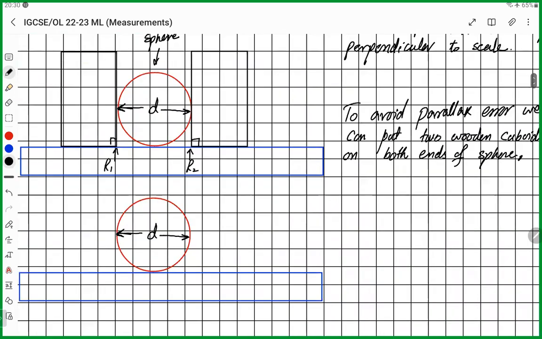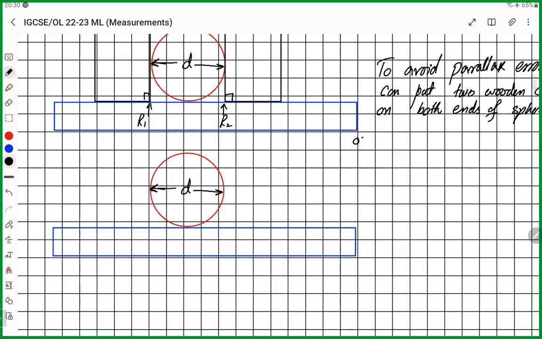Or we can use two things that you have in your geometry box and you never use them. Have you ever seen something like this in your geometry box?